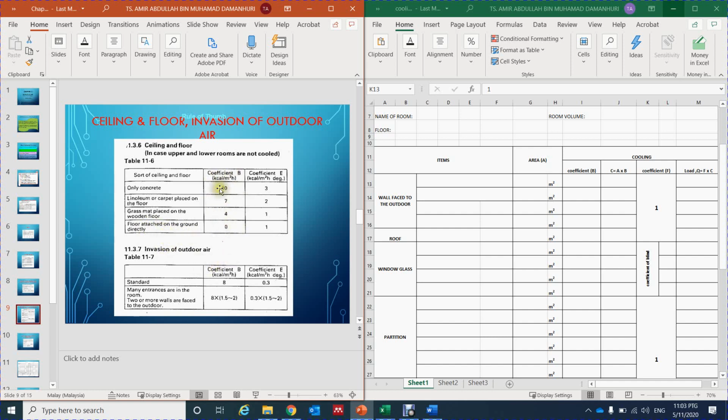Then we will refer to the coefficient of B, and then we have the invasion of outdoor air. So it is either standard or many entrances in the room, so that one will be reflected to the 2 or more walls that face the outdoor.